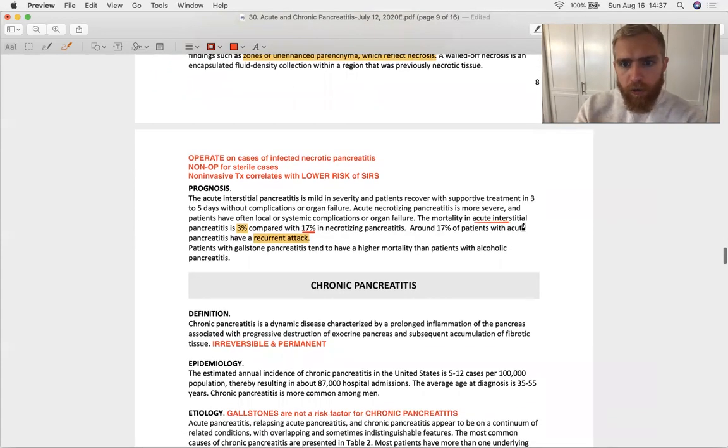So acute interstitial pancreatitis will wrap up acute, 3% mortality compared with 17% in necrotizing pancreatitis. And that bonus 14% in my mind is largely due to infection, number one, and number two, necrosis of the pancreas makes you way more prone to SIRS, which can lead into things like ARDS, MODS, kidney failure, shock.